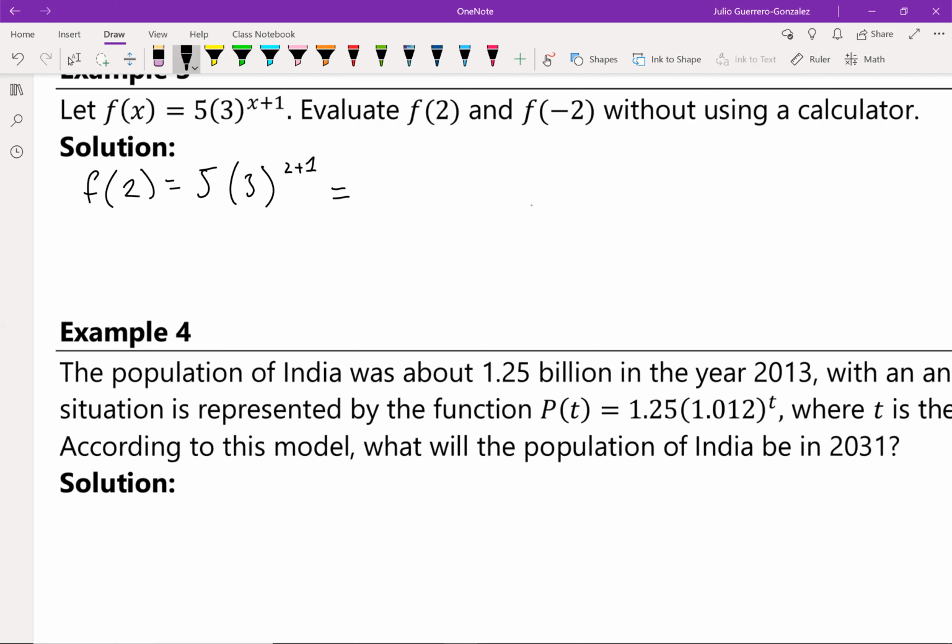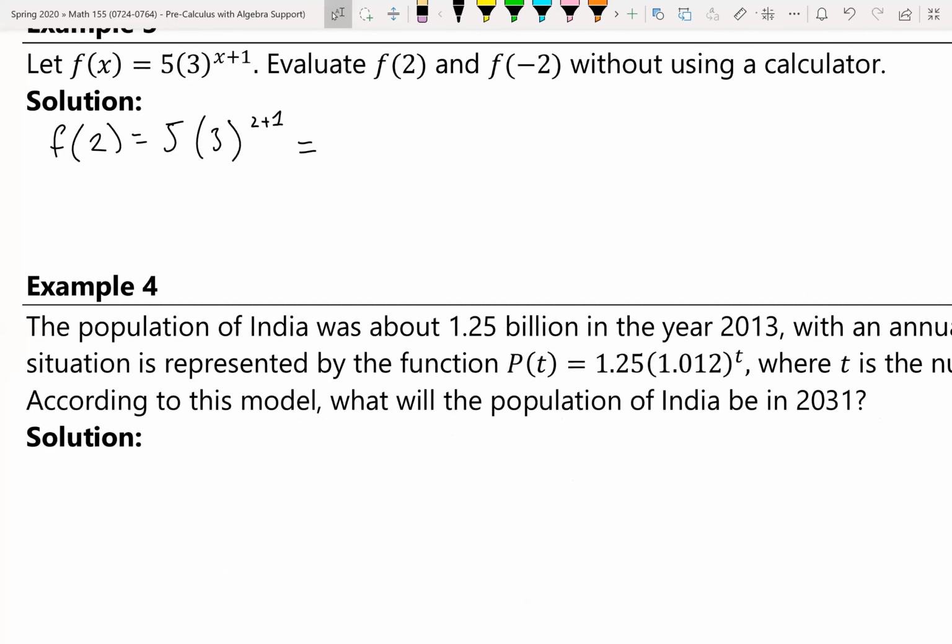Nothing fancy. And the same thing for f of negative 2. F of 3, this is going to be 3 to the third, so 27, so 5.